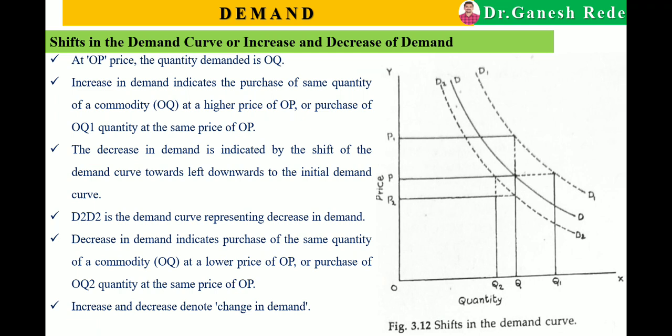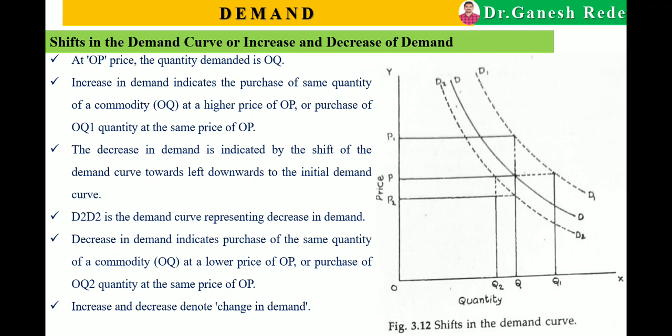Always keep in mind, a shift in the demand curve, an increase or decrease in demand, happens only because of a change in other factors, such as the income of the consumer, change in prices of related goods, meaning prices of substitutes and complementary goods, or some other factor that affects demand.